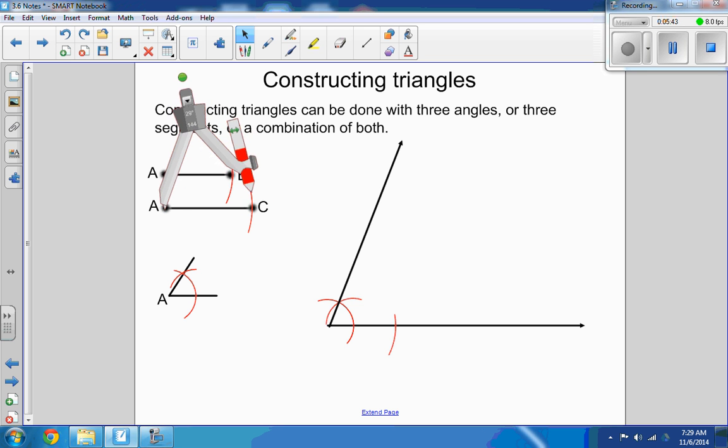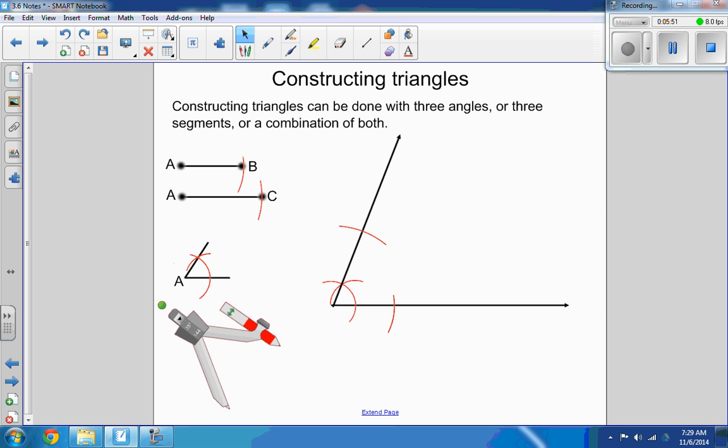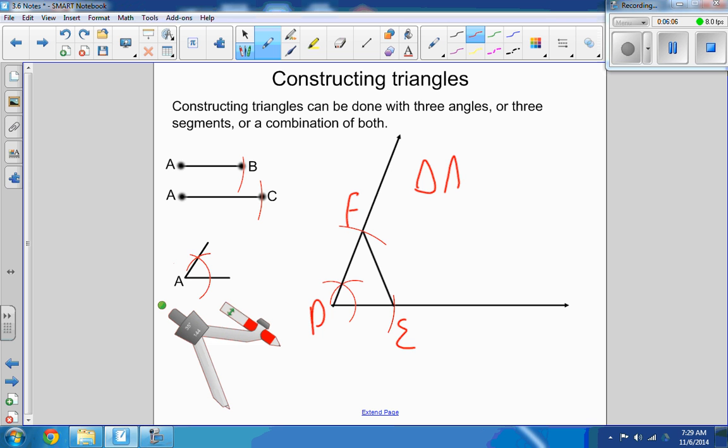There we go, same length as AC. Now I connect these, and there we go. We have a triangle. I'll call this triangle DEF. And so triangle ABC is congruent to triangle DEF.